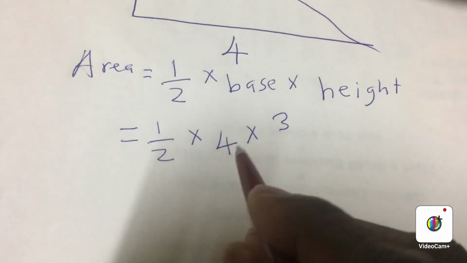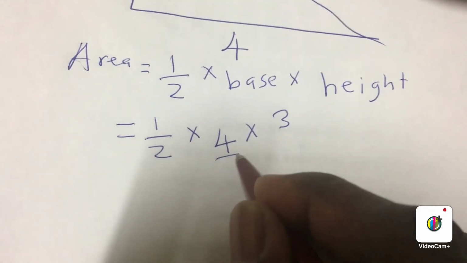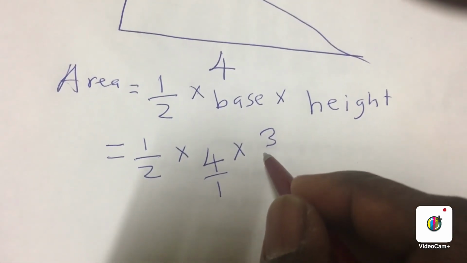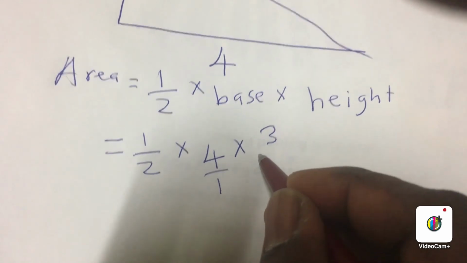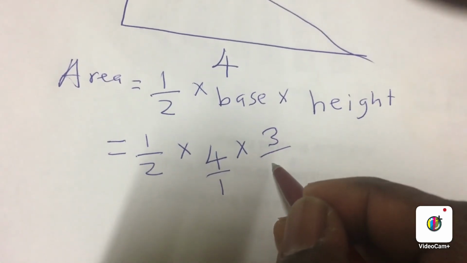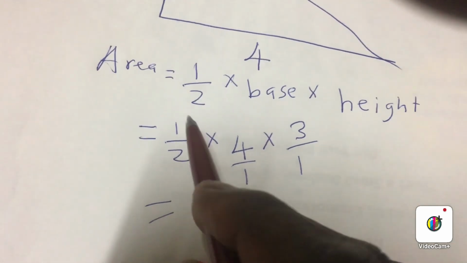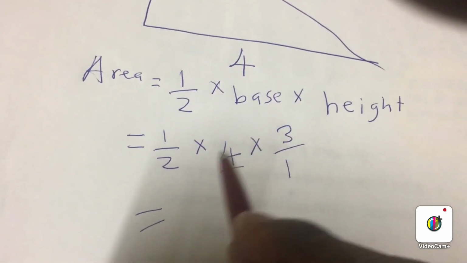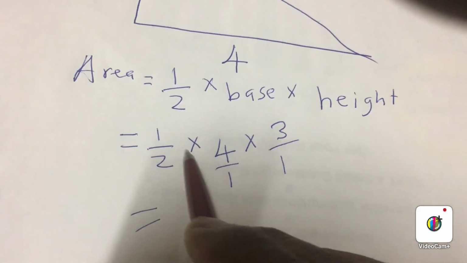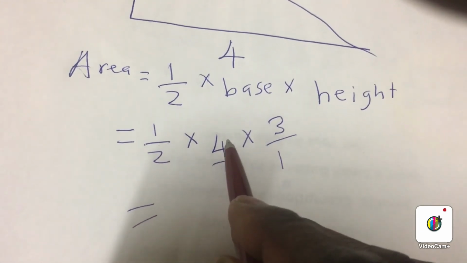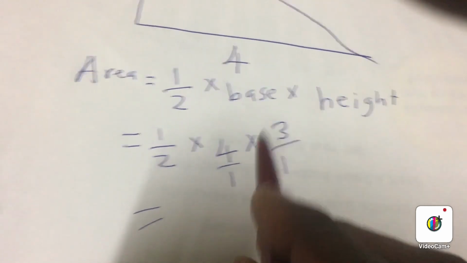Now, you know that this number 4, you can write it as a fraction by making it over 1. You can also write this as a fraction by making it over 1, which means that you multiply the top, you multiply the bottom. From the top, we have 1 times 4 is 4, 4 times 3 is 12.